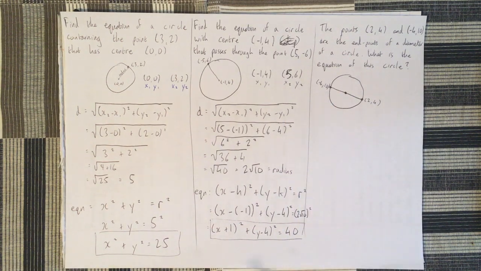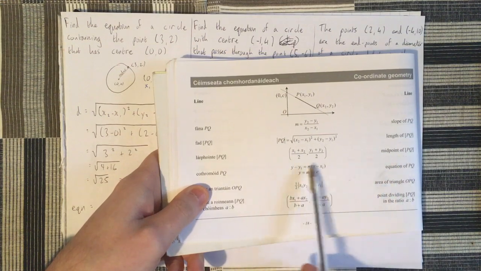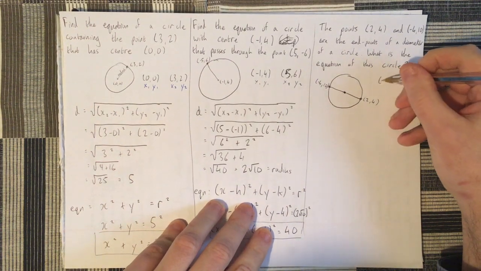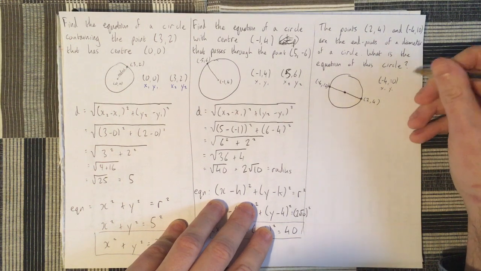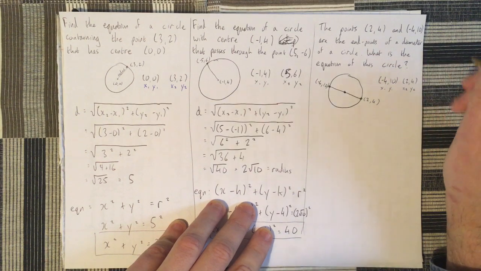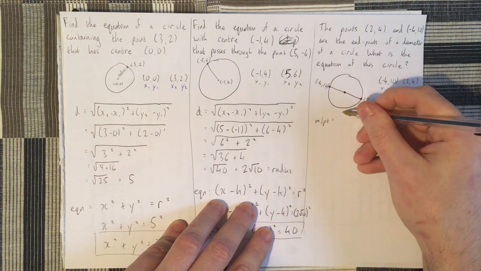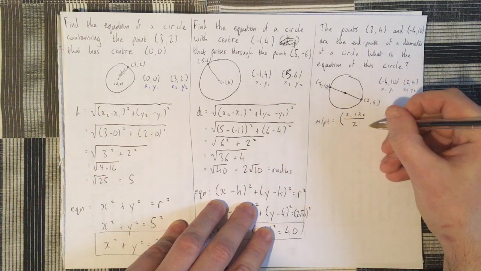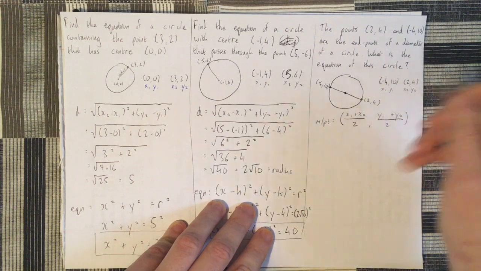The midpoint of the line is another thing I've got a formula for. So midpoint formula is given here. So my points are minus 4, 10, and that's x1, y1, and then 2, 4, and that's x2, y2. So midpoint is equal to x1 plus x2 over 2, y1 plus y2 over 2.